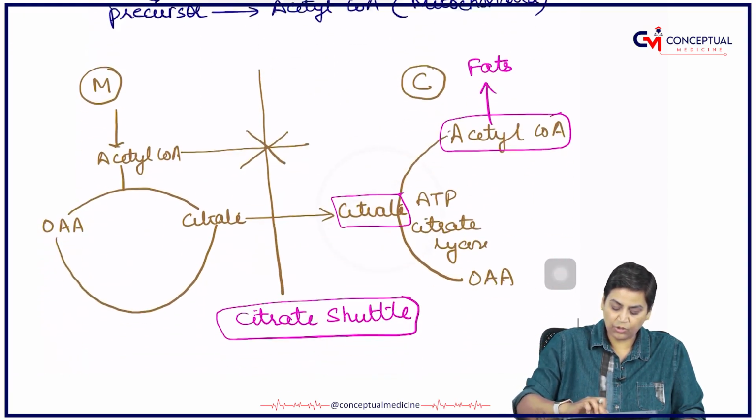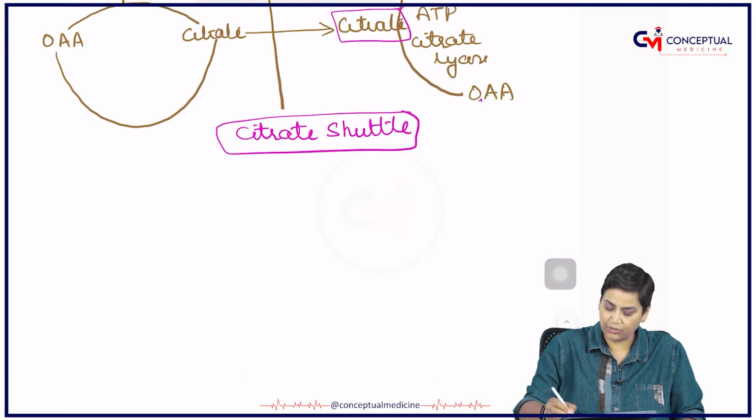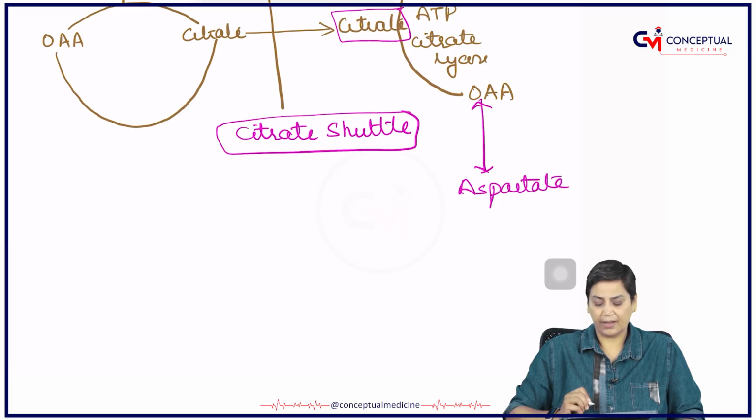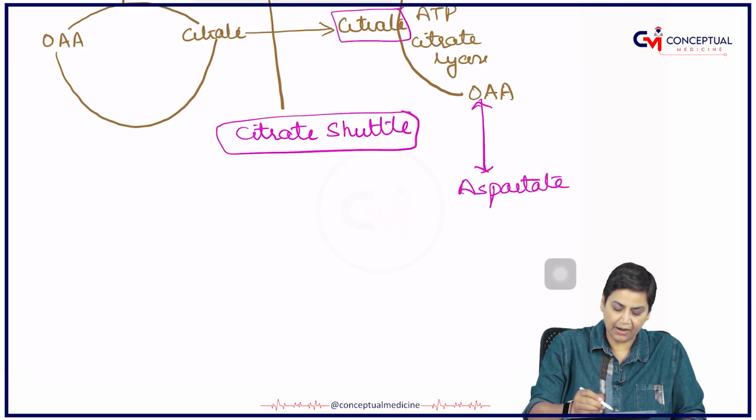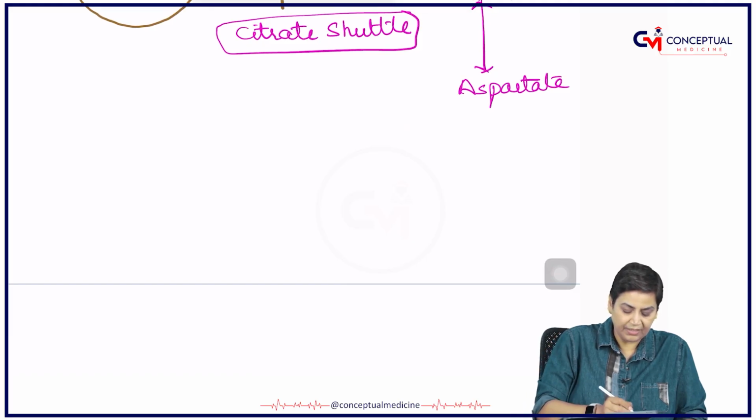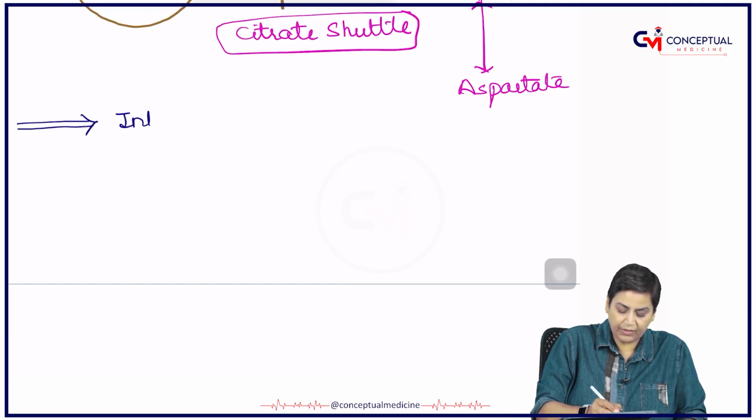Then if we talk about oxaloacetic acid, this oxaloacetic acid can easily be converted into aspartate. Right? So this is one very important feature of citric acid. Then after this, we come over to the inhibitors of TCA. So if we talk about the inhibitors, the most important inhibitor here is fluoroacetate.